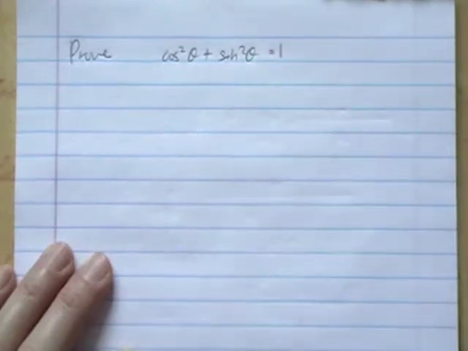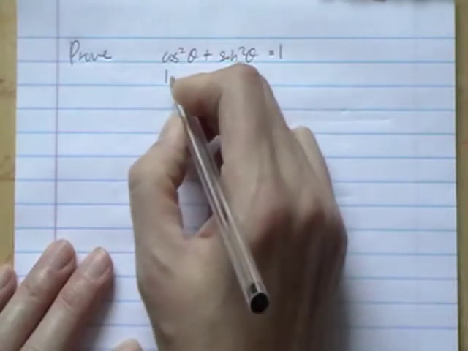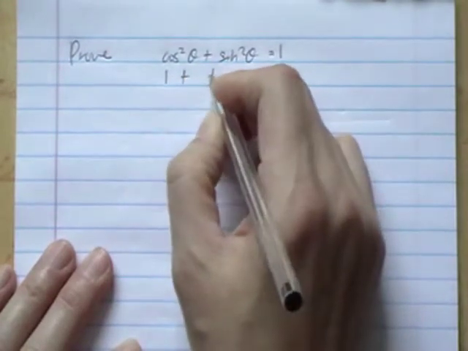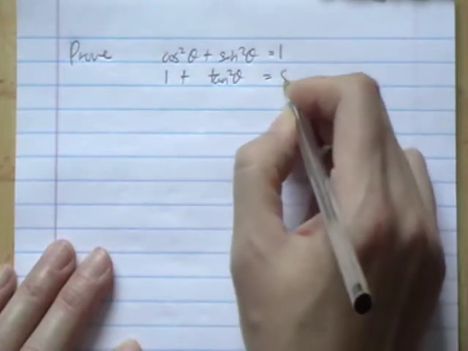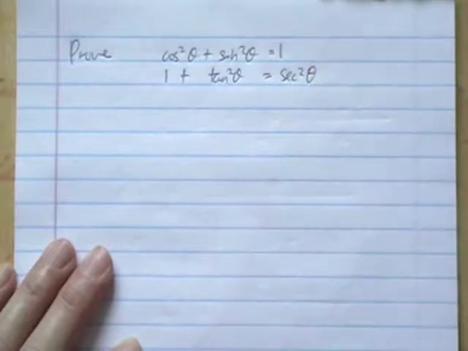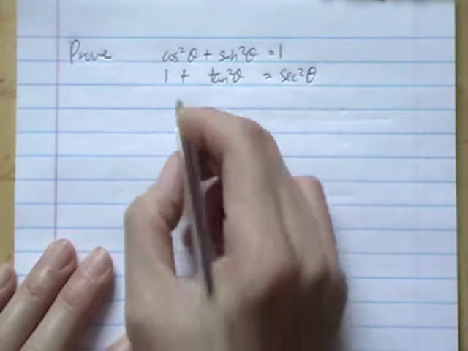Cosine squared theta plus sine squared theta is equal to 1. One plus tangent squared theta equals secant squared theta.